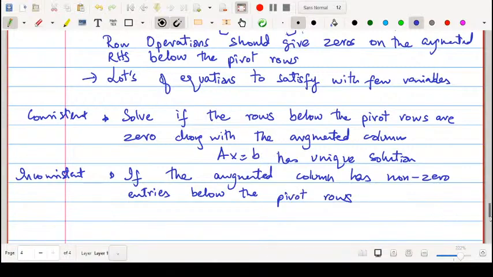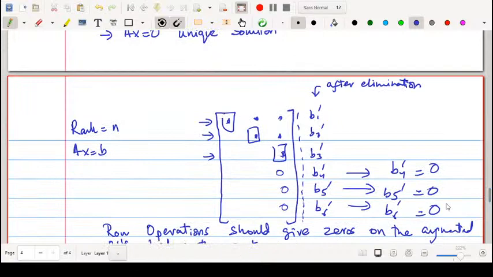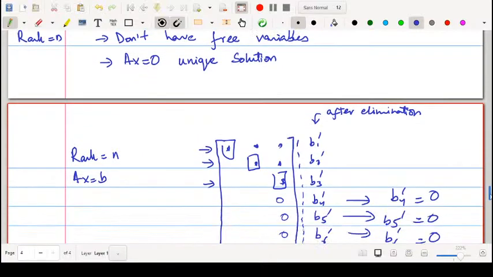So that's something that we can say about the system. When you try to solve the system, if you start getting some equations that are not satisfied, then you will get an inconsistent system, and then you will have no solution to that problem. So that's the possibility.